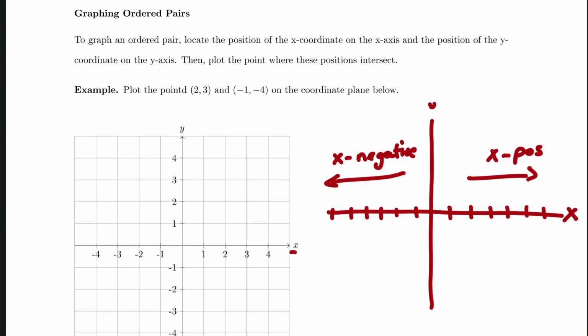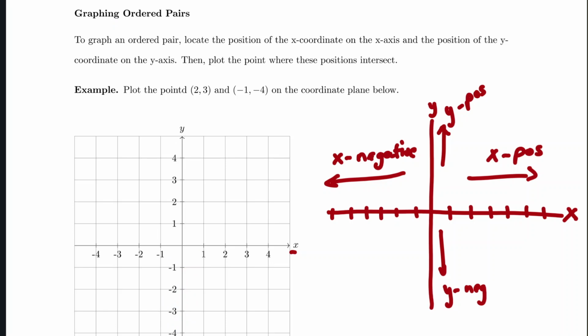As you move up in the y-axis, it's positive. And as you move down the y-axis, the values are negative. Here we can see that marked. We've got our y-axis marked, and as we go up, the values are positive 1, 2, 3, 4. And as we go down, it's negative 1, negative 2, negative 3, negative 4.